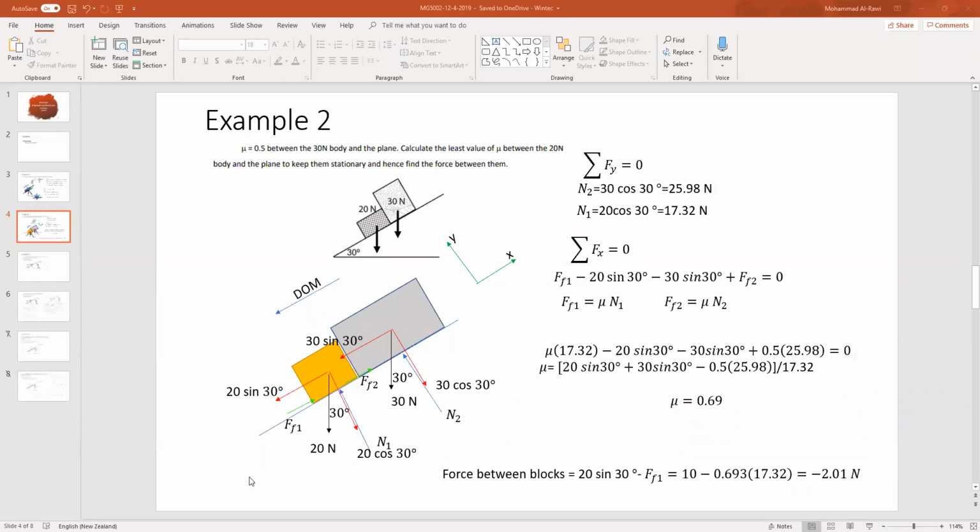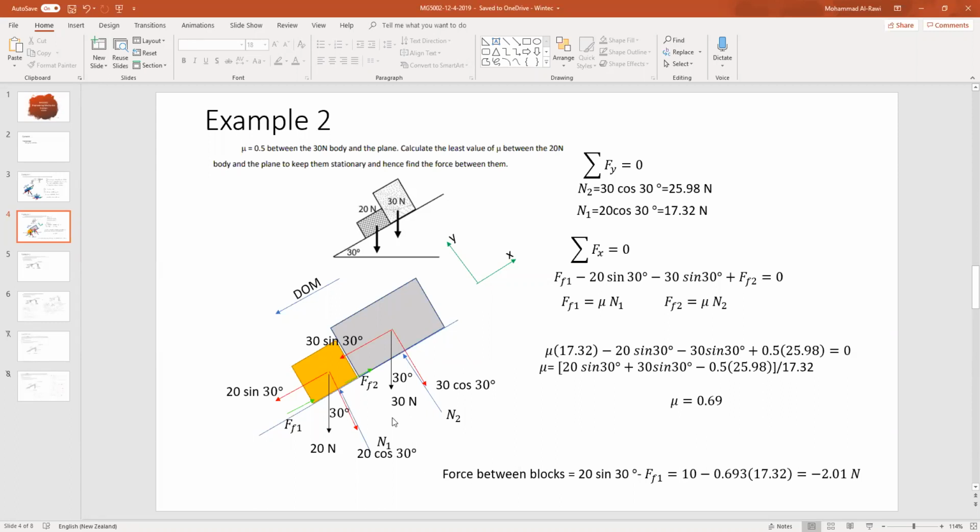Give it time to think about it and then try to find the answer. Is it correct to have this equation?